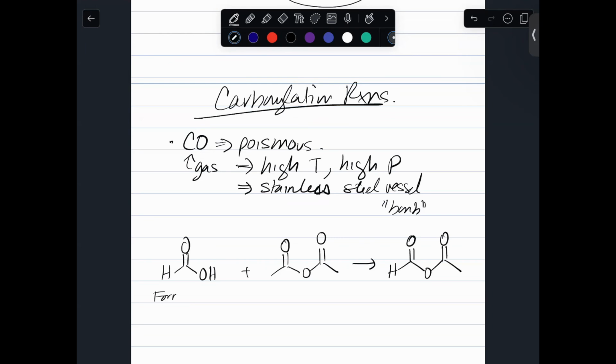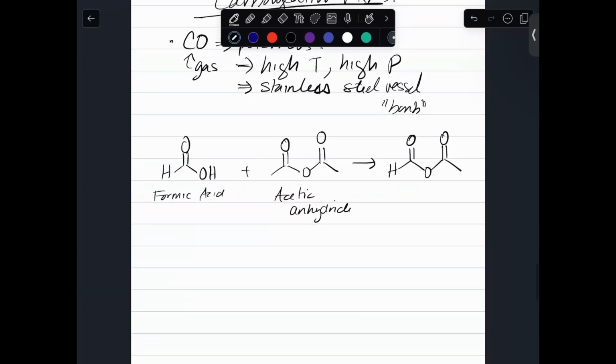So, in the presence of formic acid and acetic anhydride, which are all cheap starting materials and don't need high temperatures, high pressures, and they're not poisonous, you can form the following derivative through a carboxylic acid derivative reaction. And what they found is really clever. You don't need to use a high pressure vessel.